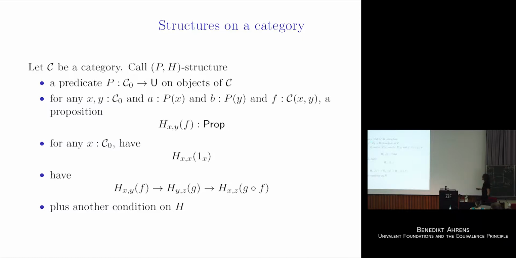We start with the category C. And the goal will be to define a new category where the objects are certain objects of C with an extra structure on them, and morphisms in this new category will be morphisms of C that are compatible with this structure.